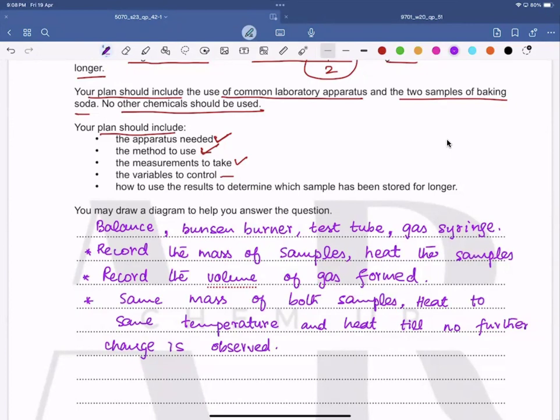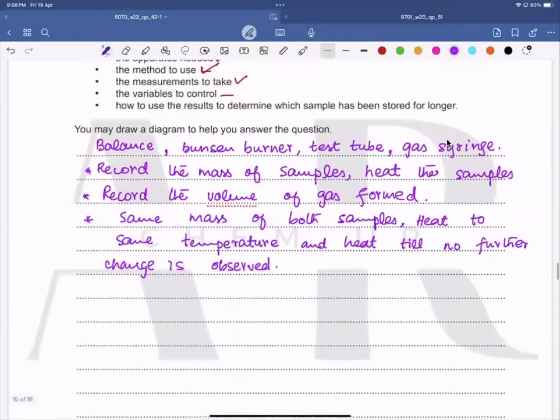If you are planning like that, where both the things would be heated for the same time, then you have to mention the stopwatch at the first phase. They are both mostly in the same form, Khatija, so there is no need to write this. So we are done with the variables to control as well.